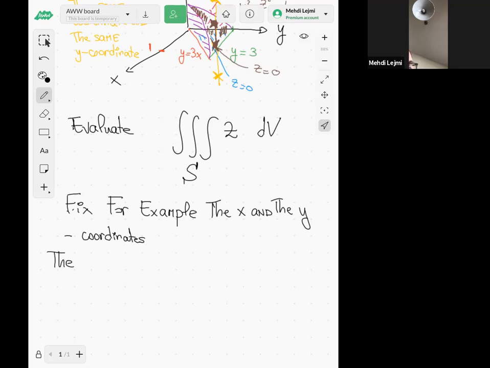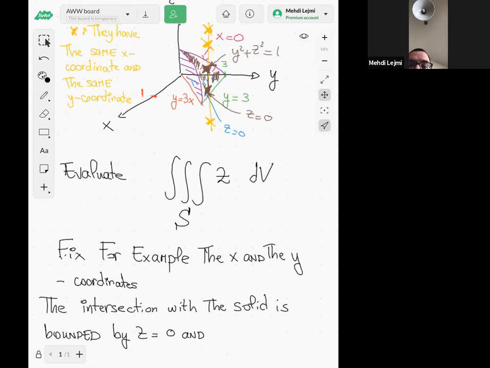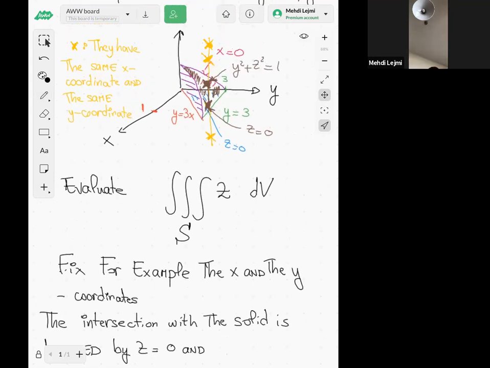The intersection with the solid is bounded by, in the bottom, Z equals 0, the XY plane, and in the top, you intersect the face described by the cylinder, Y squared plus Z squared equals 1.